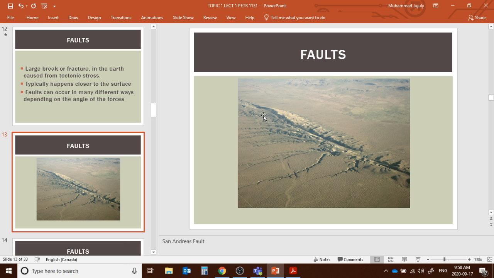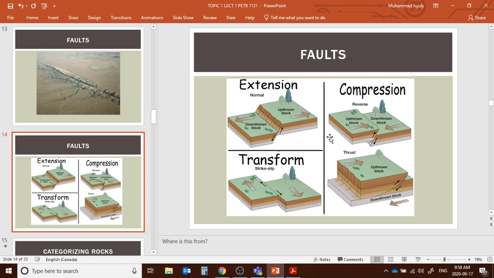For instance, this is a fault. What happens? The earth is moving in opposite directions, one against another, and they collide with each other and create the fault. This picture gives a perfect visualization of how faults are created.